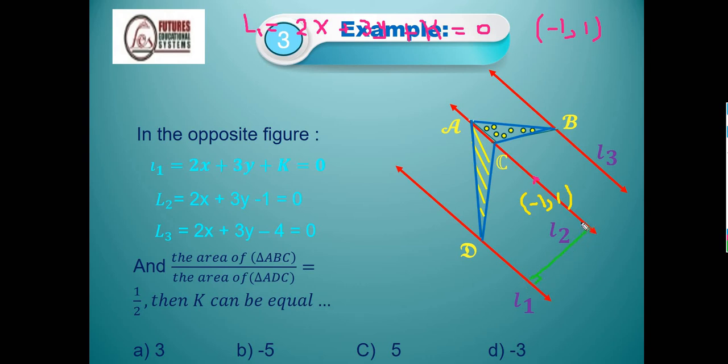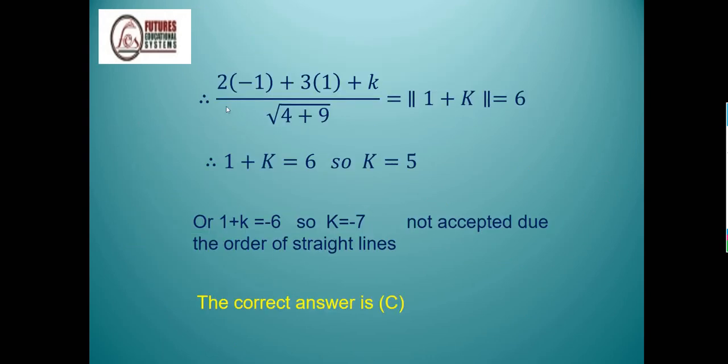This distance equals 6 by direct substitution in the rule. So we have the point on the straight line L2, like -1, 1, and this is the equation of L1.